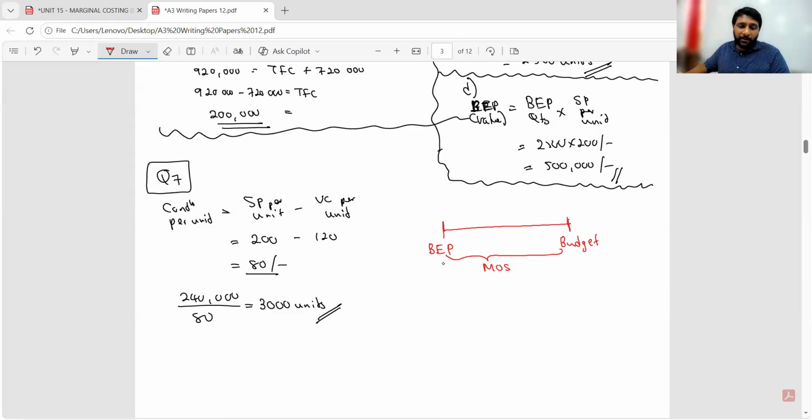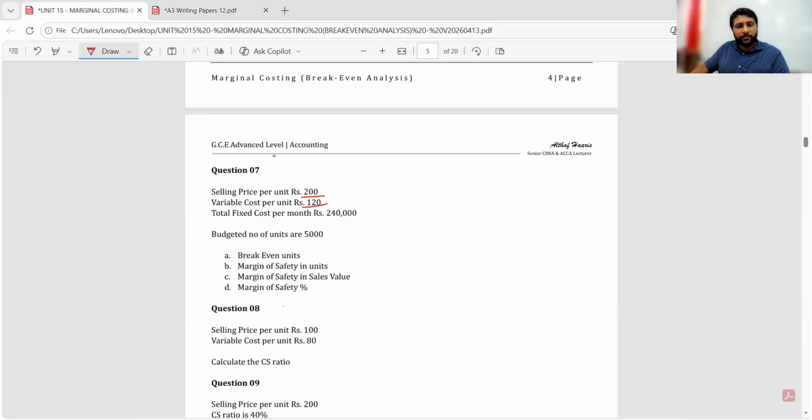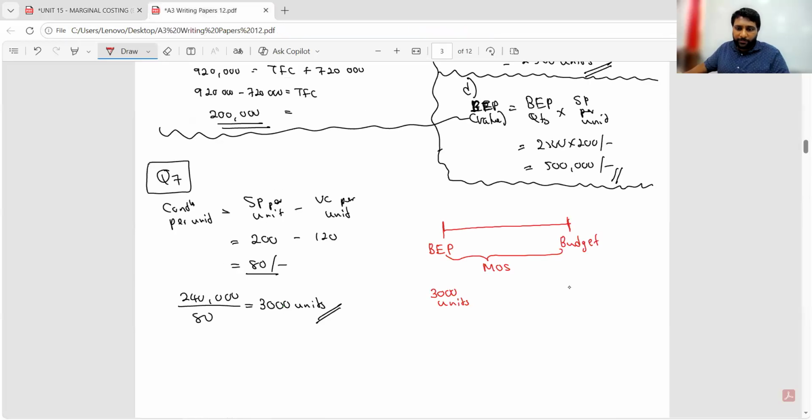So in this question, the break-even point units are 3,000 units. Budget, how many units are there? 5,000 units.